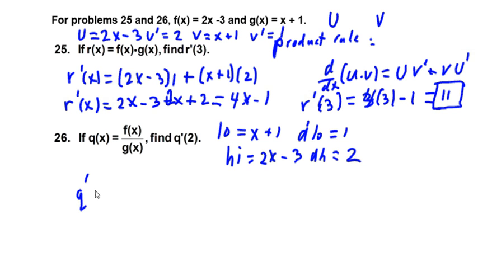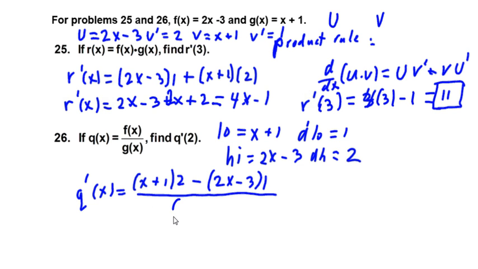So q prime of x is going to be equal to low, which is x plus 1, d high, which is 2, minus high, 2x minus 3, d low, which is 1, over low squared, which is going to be x plus 1 squared, and which equals 2x plus 2 minus 2x, and that's going to be minus minus plus 3.